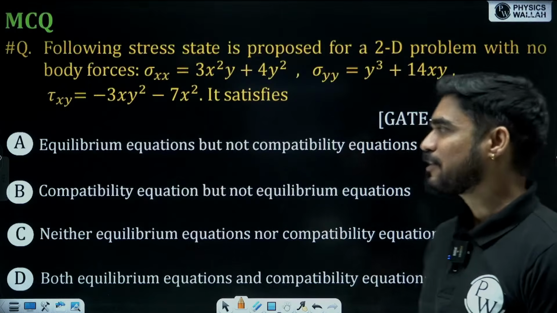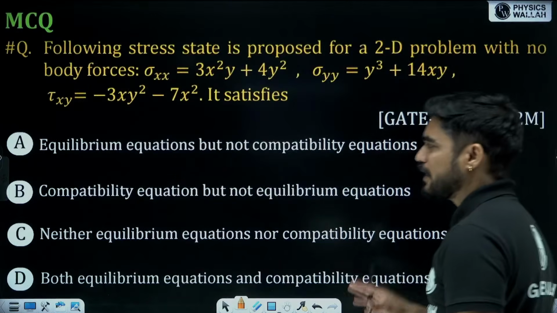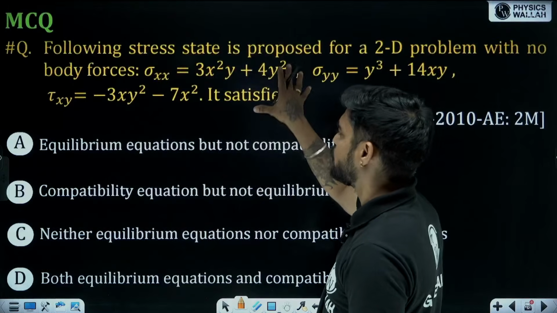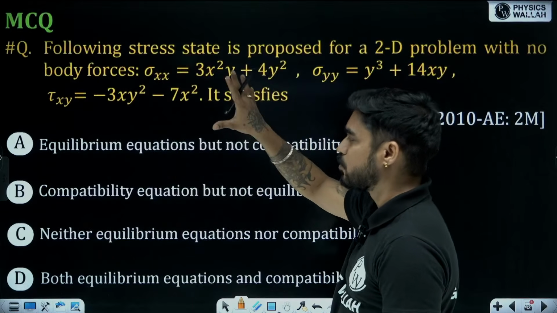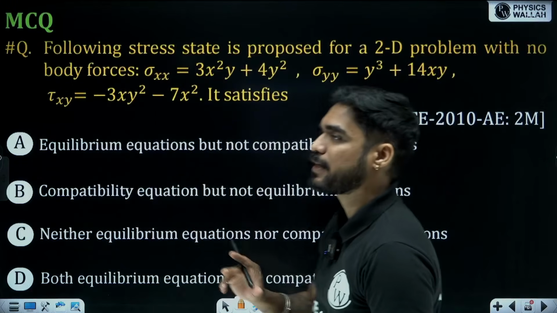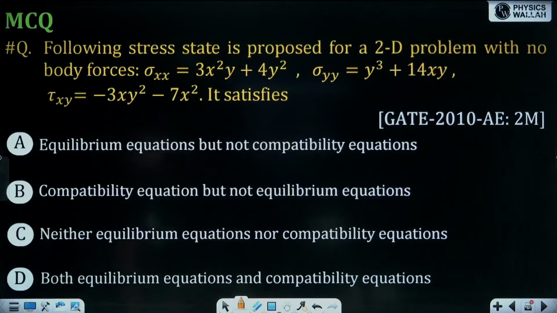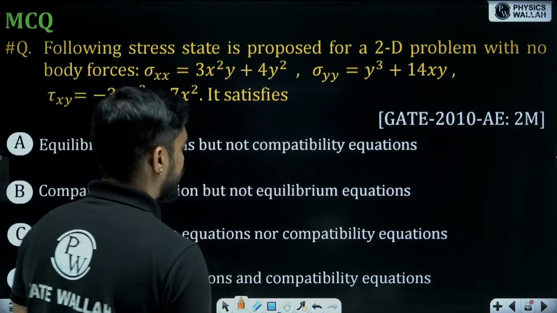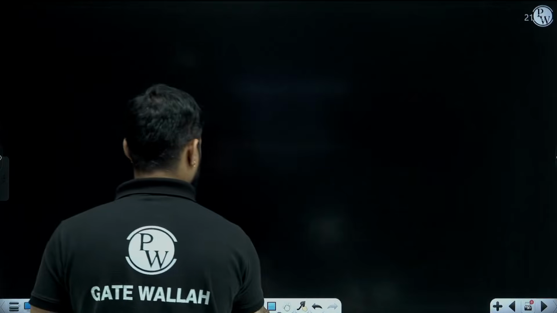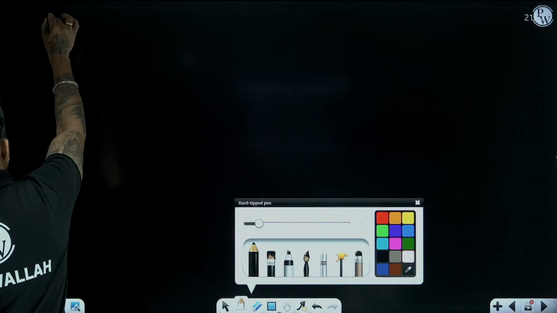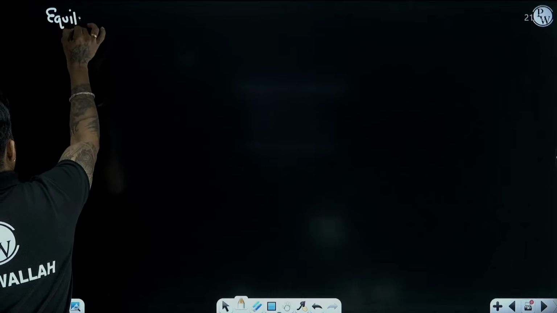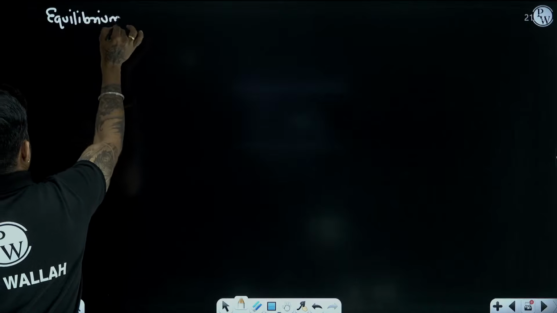Okay, so what you need to do is put these values into the equilibrium equations and compatibility equation, and check whether they are satisfying them or not. So first we will check the equilibrium equations.